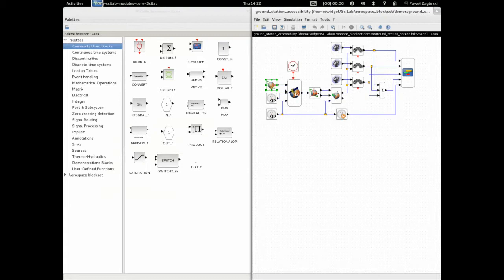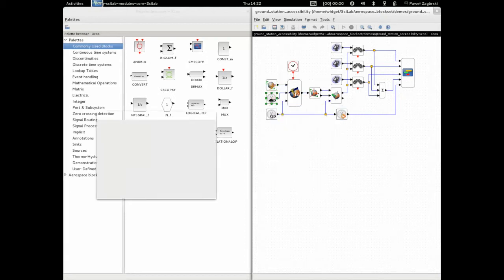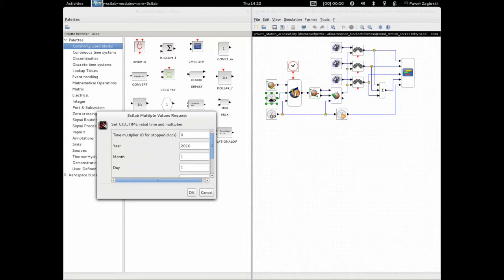Second input allows to input epoch, so the time when those arguments were true. And for this simulation we will use 1st January 2010 at midnight, 0 hour 0 minute 0 seconds.